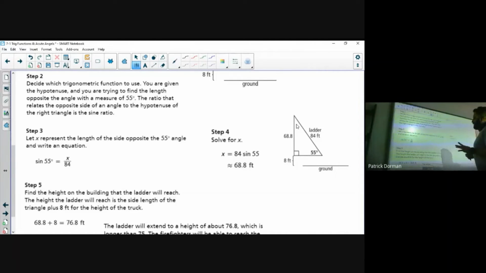I have to actually make sure that I don't decide a different value of theta than they do. Yeah, so theta is 55. So they're deciding 55 is theta.